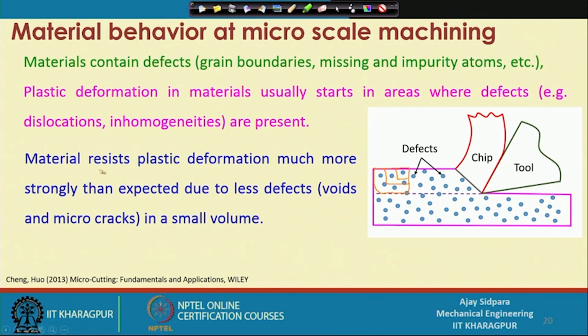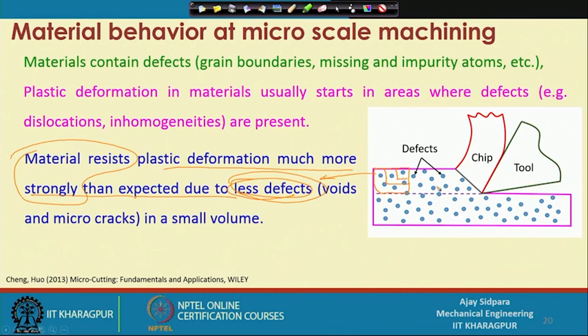So, what does that mean? We know the material resists plastic deformation much more strongly than expected due to fewer defects. Now, we reduce the scale, so your defect level is very low, that means voids, cracks, whatever is there, are in small volume. If defects are fewer, the material will behave strongly, so you have to apply more force here for cutting this material.